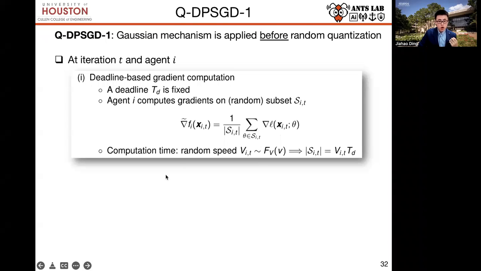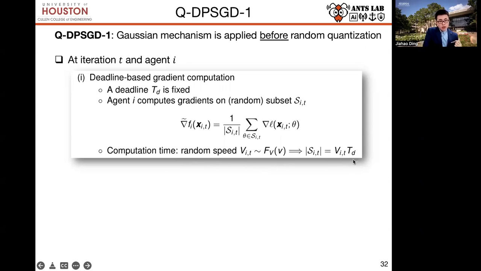We denote the computer processing speed of each machine as v_it, drawn from a distribution F_v, so the size of the mini-batch is defined as v_it times TD.